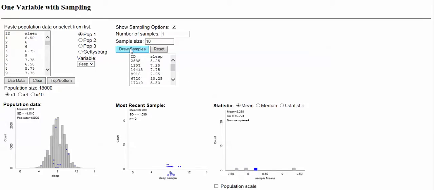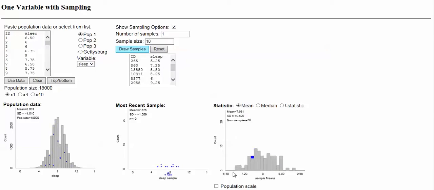And it can repeat this process over and over again. Eventually these will start to form a normal distribution, because if the population is normal, then the sample means end up forming a normal distribution.